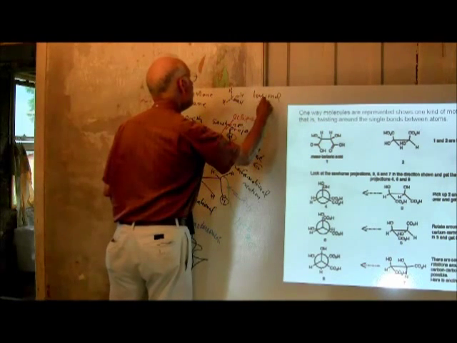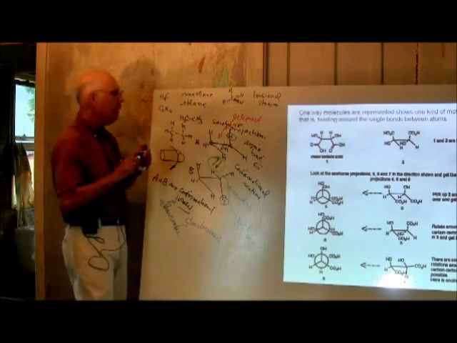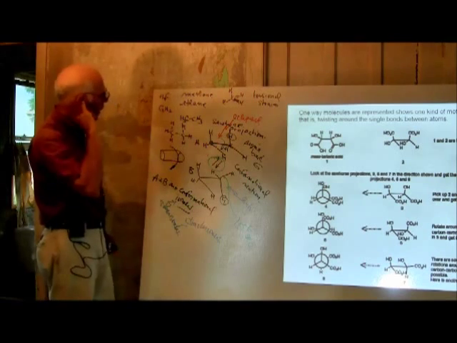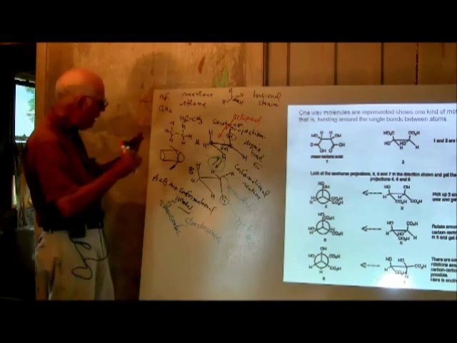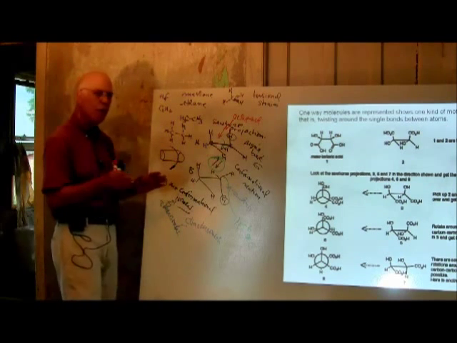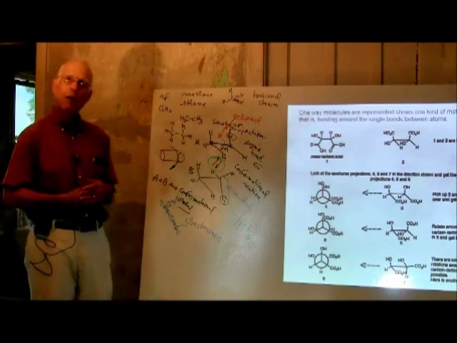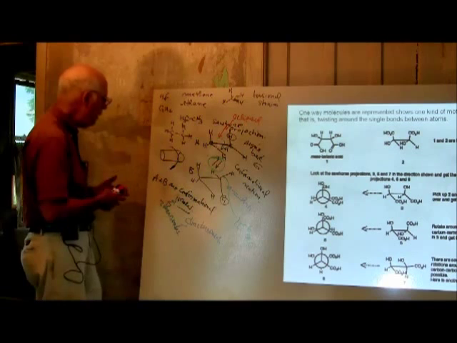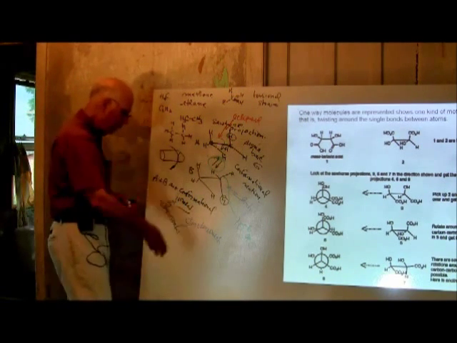So conformational isomers can differ from each other energetically in different ways, and one of the ways is through something called torsional strain. There's other ways too, but we're going to save that for chapter 3 when we talk about the malady of infants called galactosemia, and what that has to do with these kinds of ideas. So this is a very rapid type of situation.